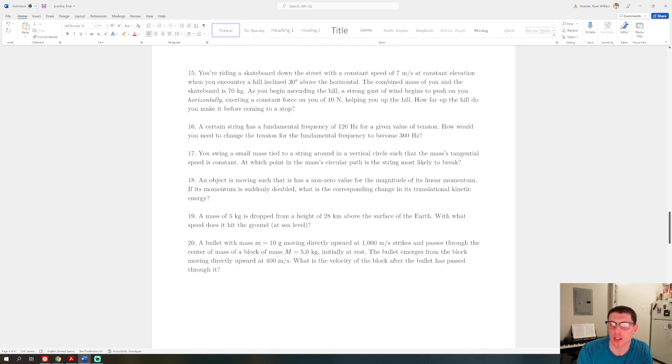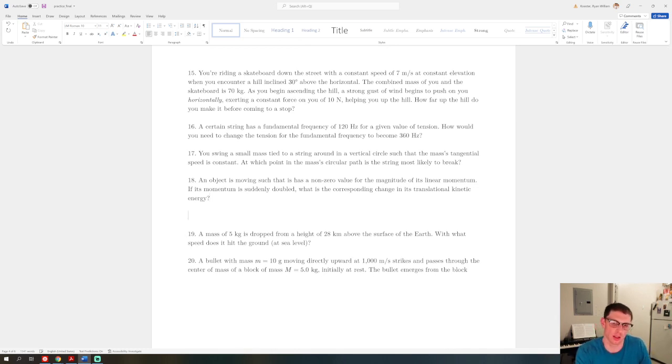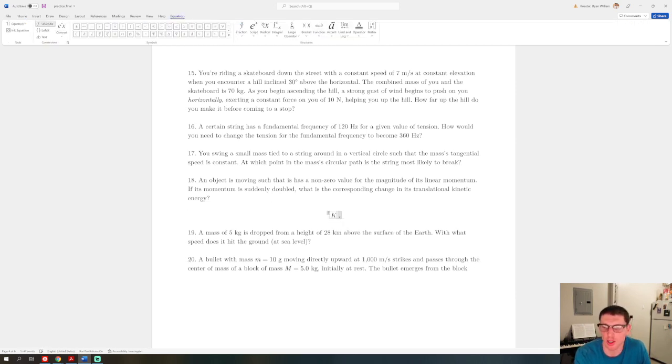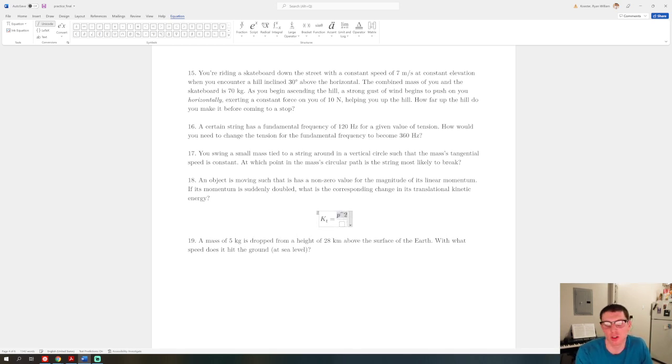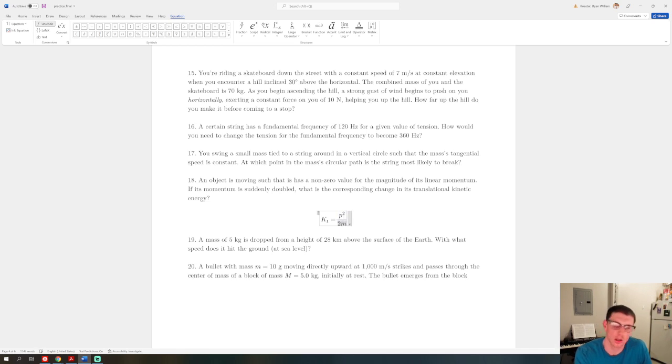Okay, so this one is dead easy if you've seen this expression for the relationship between linear momentum and translational kinetic energy, which you probably haven't. It's not something that's often talked about, but the idea is that we can write the translational kinetic energy of an object as the magnitude of its momentum squared over double its mass.